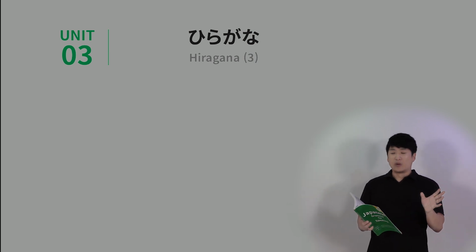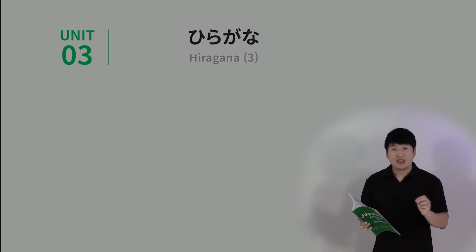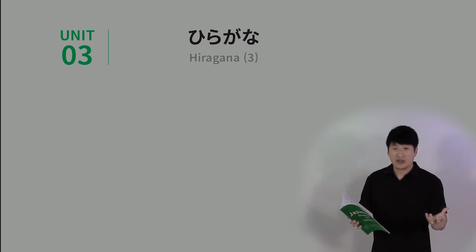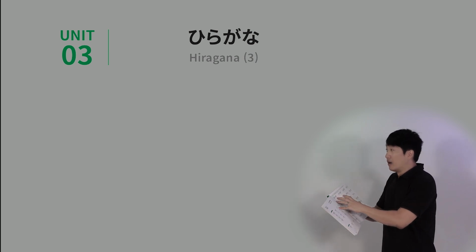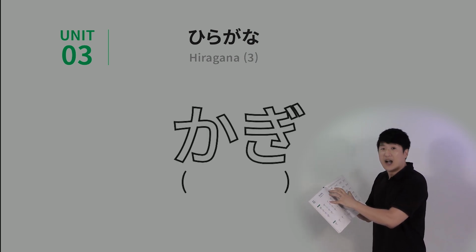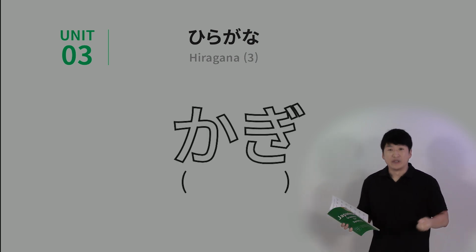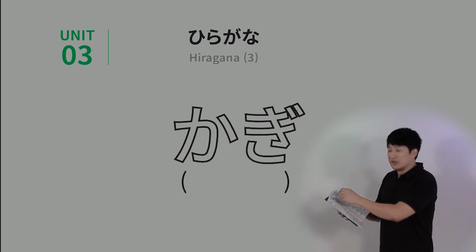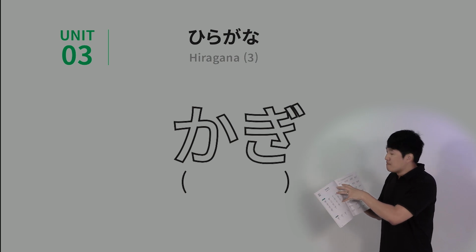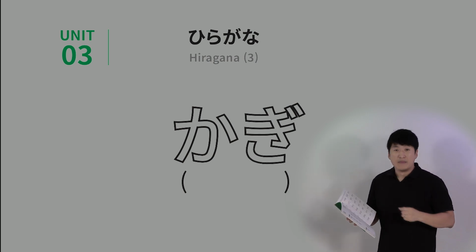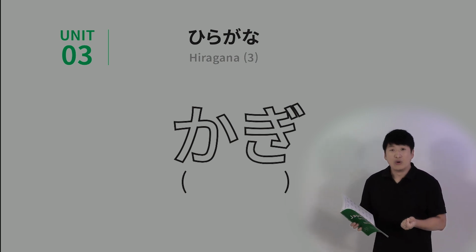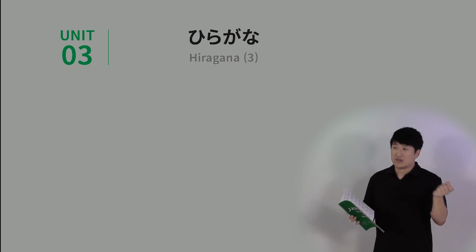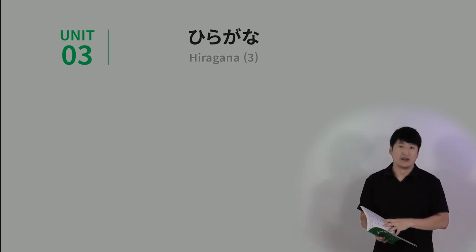So please install a Japanese keyboard on your phone, then go to Google Translate and type this, kagi, then you will see what it means. Once you find the meaning, please write it down here. And I also made this blank space to make you practice even more, so you can just write on the letters.